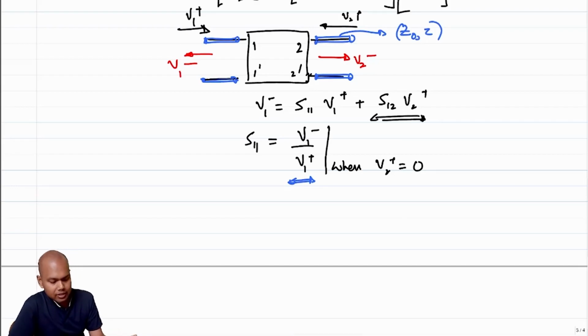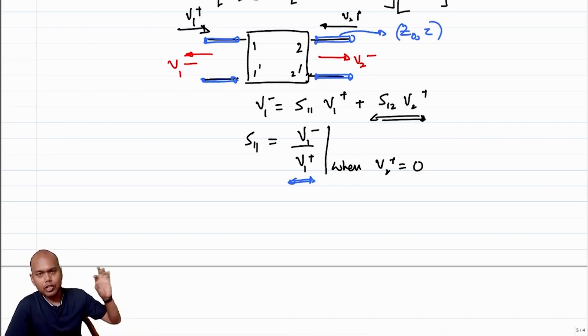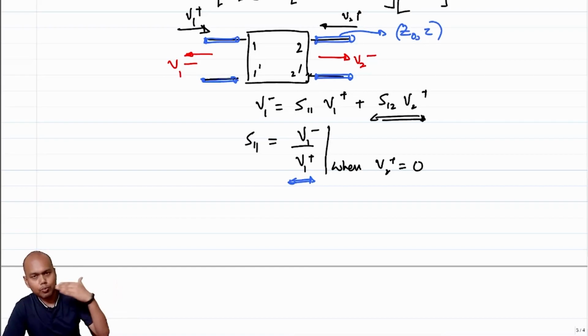When I say V1 plus is an independent variable, what does it mean in terms of circuit? It essentially means that there is probably a source connected, which is providing the V1 plus, right. So there is a source connected on the left hand side in this diagram, and that is pushing in the V1 plus, right.